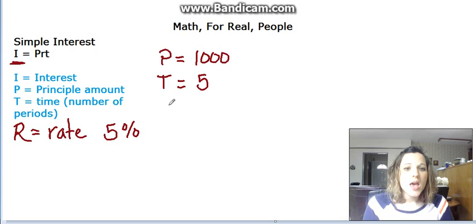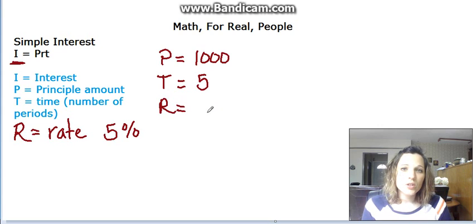And our R is not going to be 5, it's going to be 0.05. So P, T, R, those are the things we need to find our interest in the end.